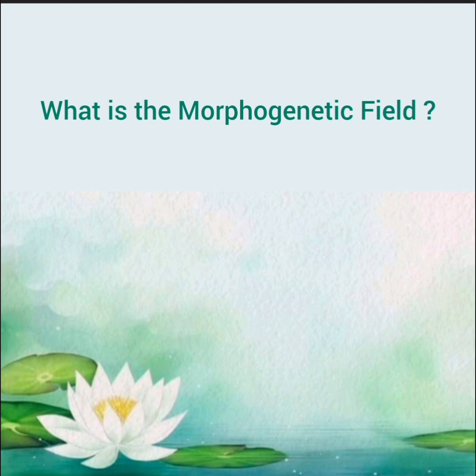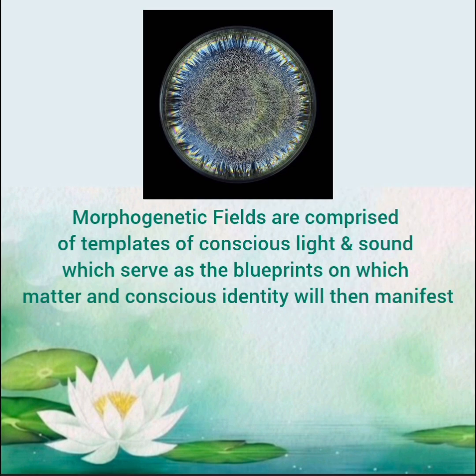Now let's talk about the next thing, which is the morphogenetic field. We have already discussed the morphogenetic field before. In very simple terms, the morphogenetic field is the scalar grid, which is made up of interwoven particle grids, which govern the form of matter manifestation and evolution of biology and our consciousness.